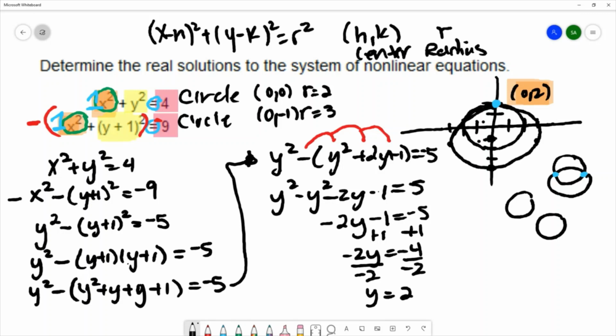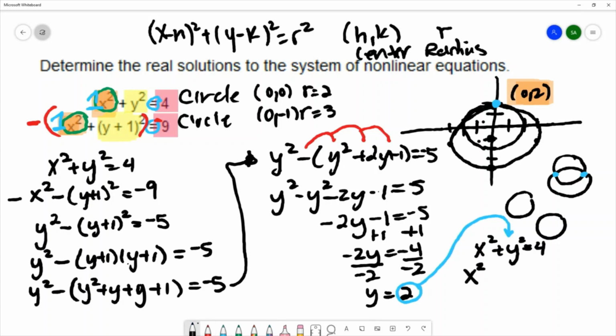So remember that solutions to these systems of equations are going to be ordered pairs. And we've already got the y-coordinate being 2. We want to find the x-coordinate. So I'll use that first equation. That first equation is x squared plus y squared equals 4. And let's substitute that y of 2 into the equation.